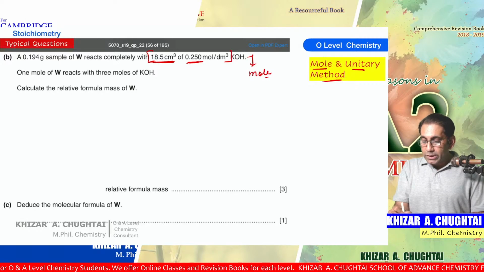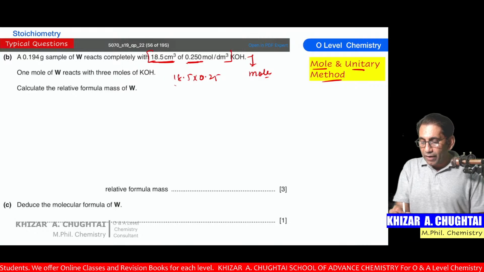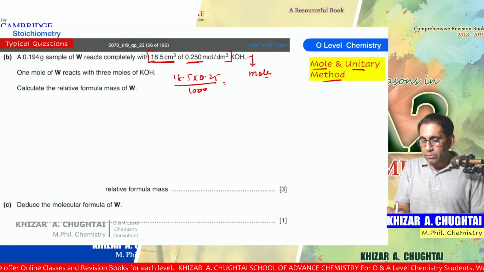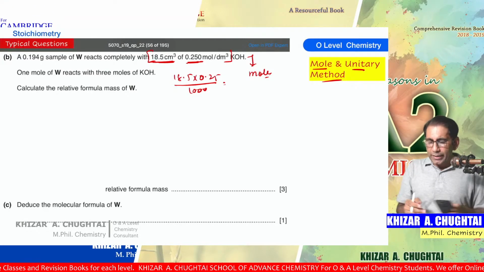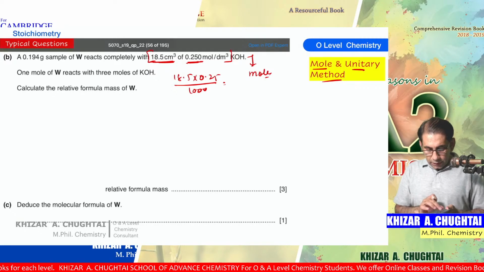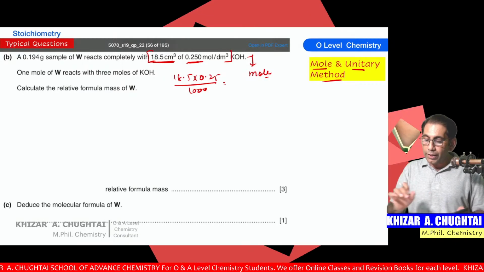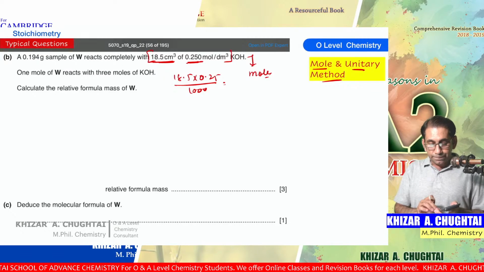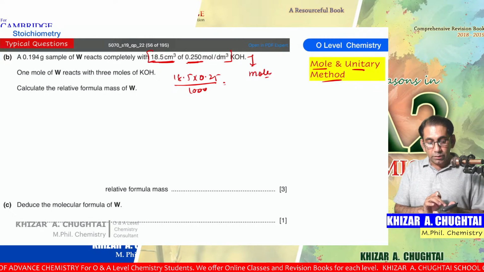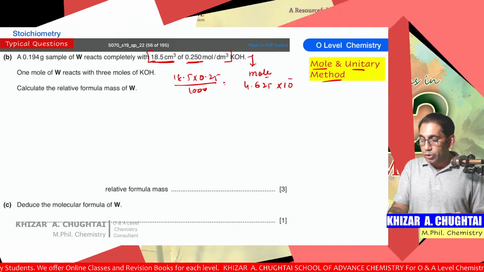Moles is 18.5 into 0.25 divided by 1000. Immediately you should find the number of moles without thinking of the further step. 18.5 multiply by 0.25 and divide by 1000, and the answer is 4.625 into 10 raised to power minus 3.